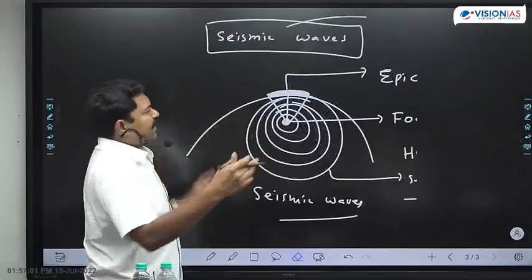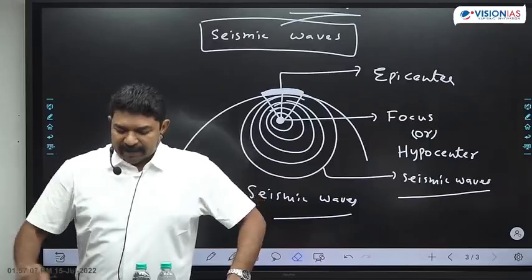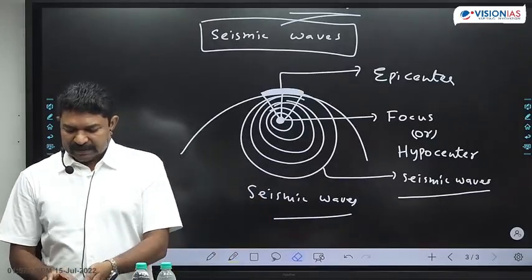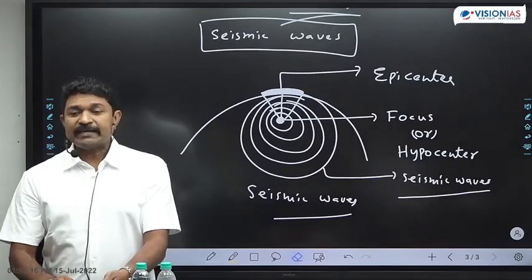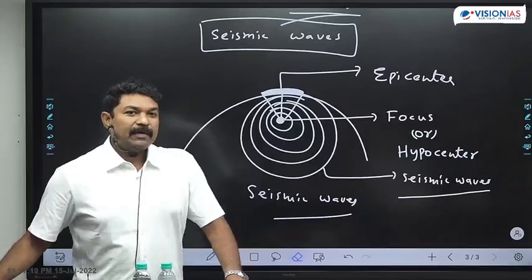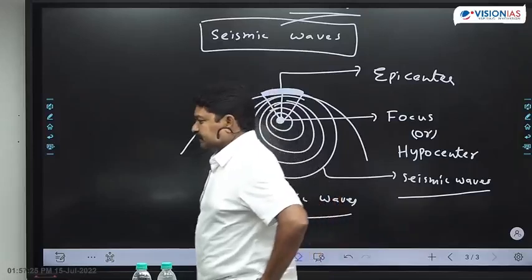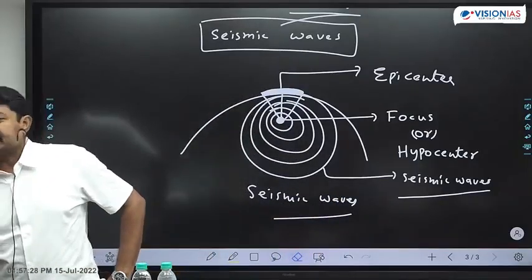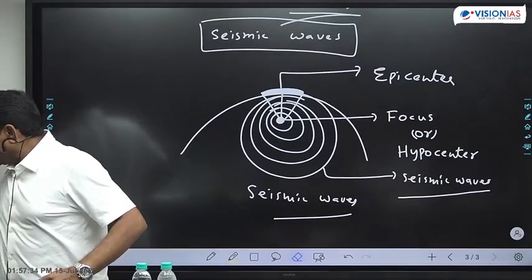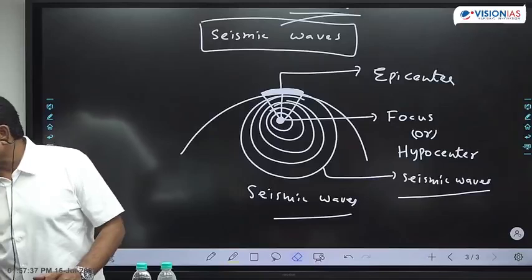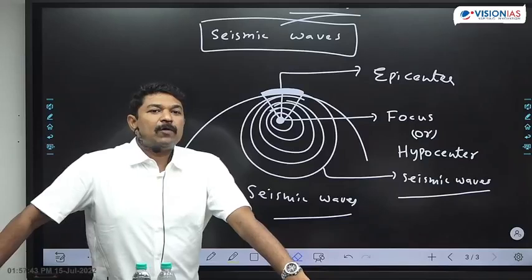Okay? Now, give the heading as earthquake. What is an earthquake? Come on, write on. Earthquake is defined as a disturbance in the earth's crust due to the sudden release of strain energy.